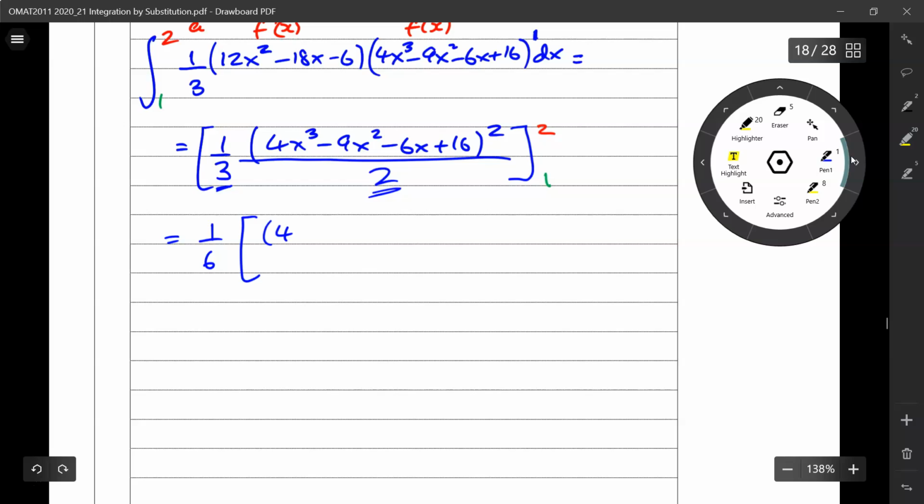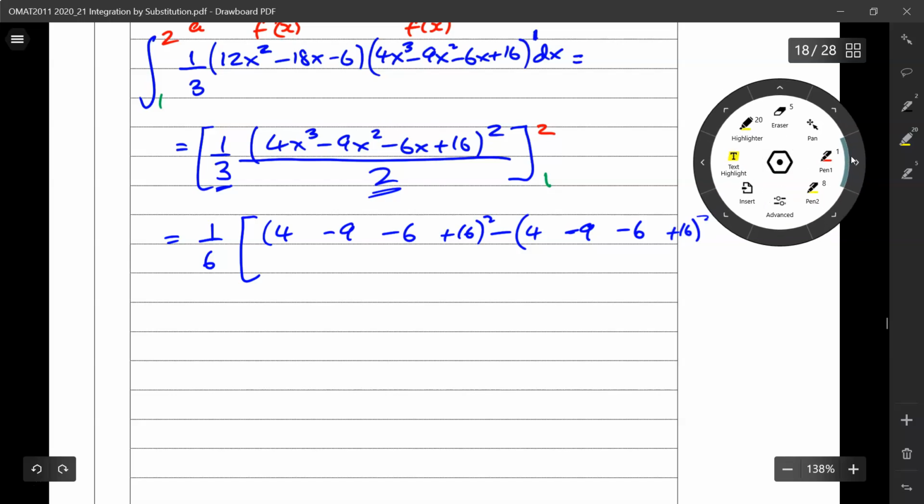So it's 4 minus 9 minus 6 plus 16 squared, minus 4 minus 9 minus 6 plus 16 squared. I'm leaving room for the limits. So that's going to be a very large number, quite a complex calculation coming up.